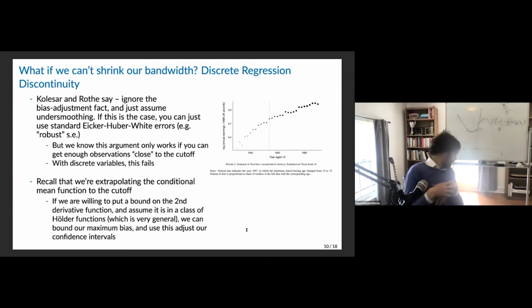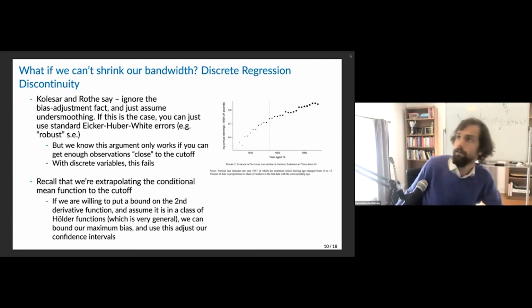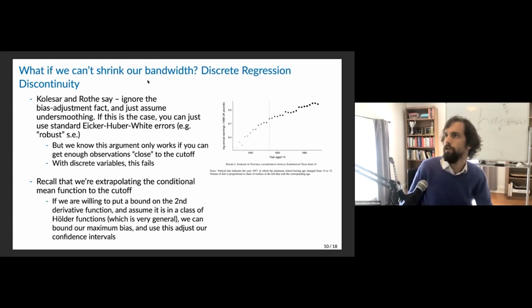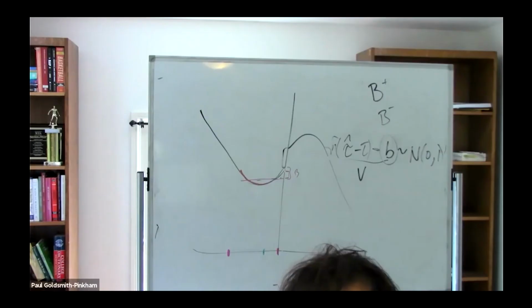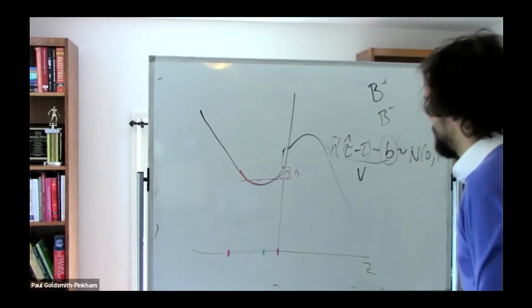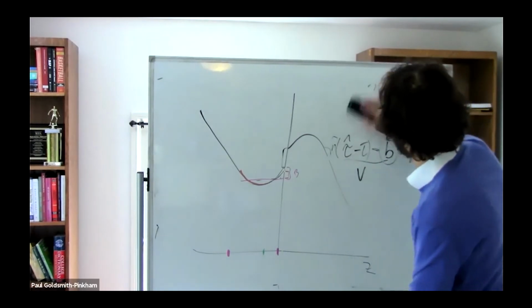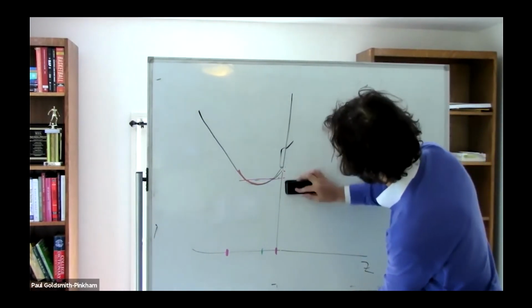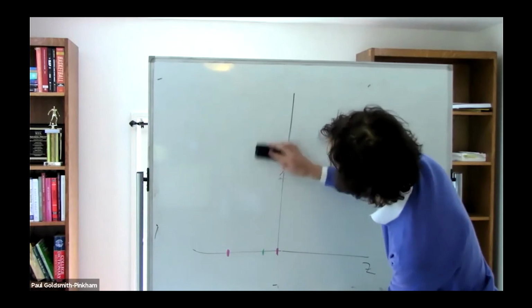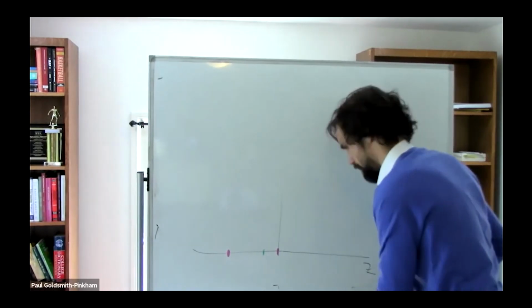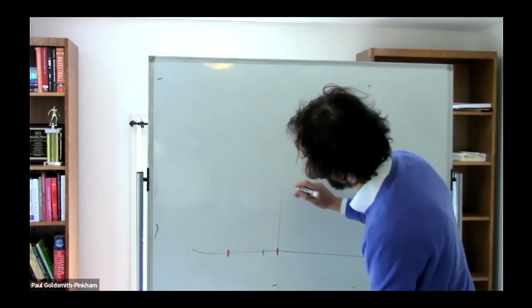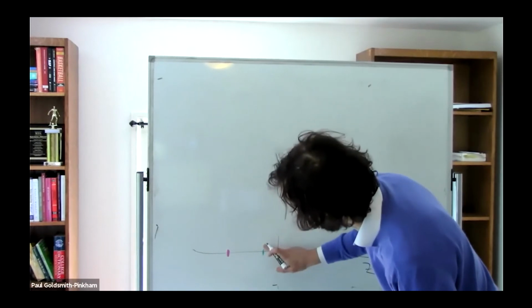What's happening is that you're extrapolating this conditional mean function to the cutoff. If we go back and look at a picture here, instead of these functions, now imagine we have a discrete running variable.